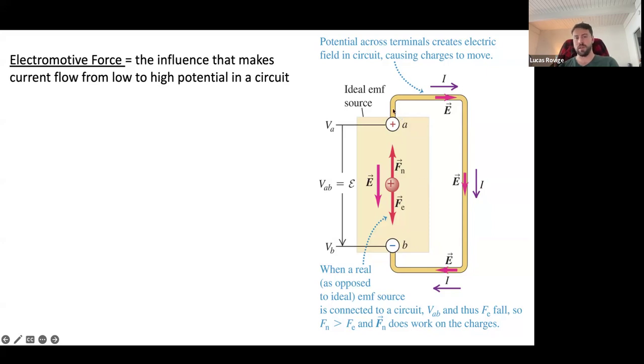Indeed, if you look at an electrical circuit, we have something that creates a potential difference between two points. So we have, for instance, a higher potential here and a negative potential here, and then basically electrons are flowing in that direction, or you have the current flowing in that direction.